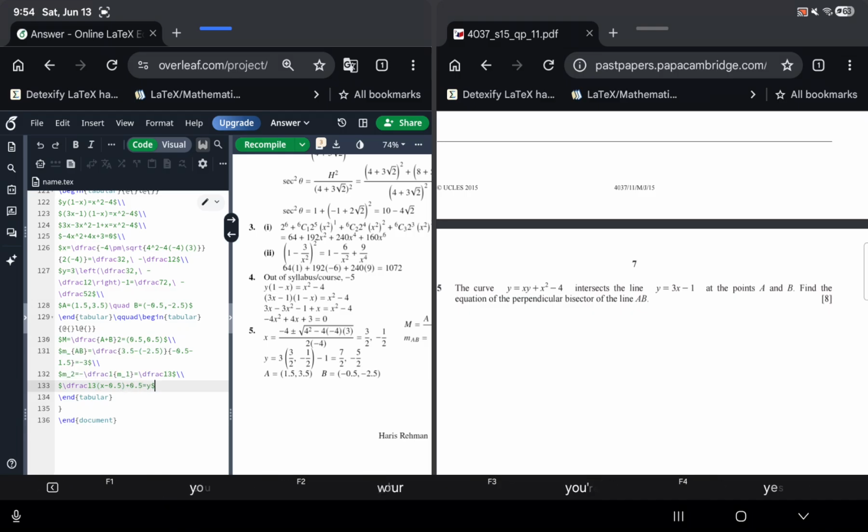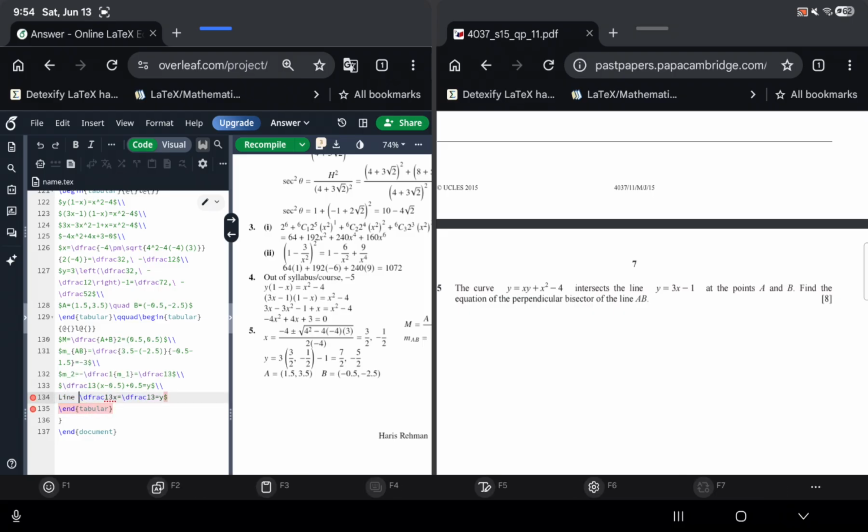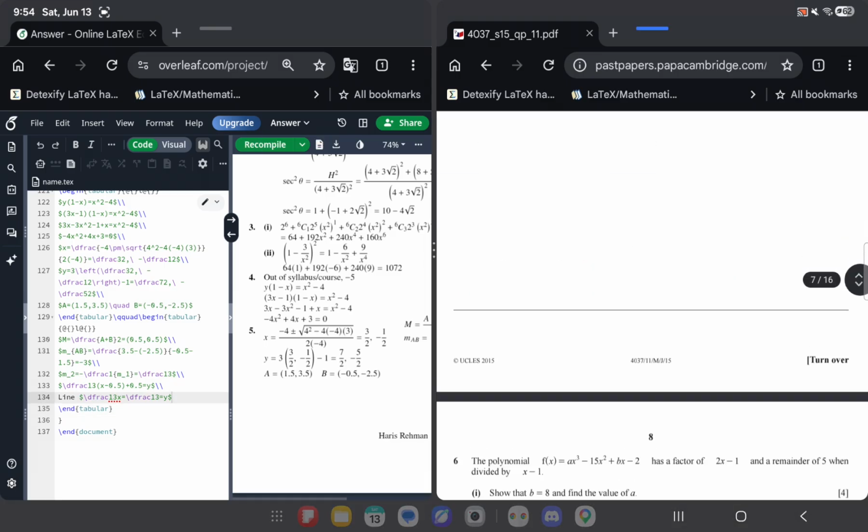And we get 1/3 times negative 0.5 plus 0.5 is equal to a third, equals y. Nice. So this is the line. Nice. Let's put a box around it.